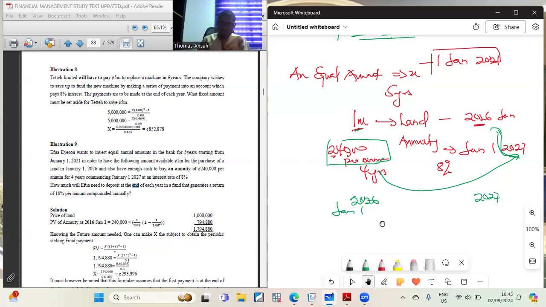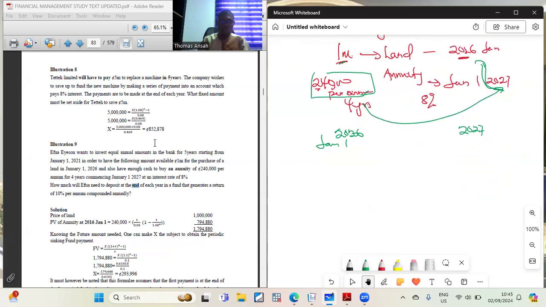So we will do a present value of this 240,000. It is an equal payment per annum for 4 years. When we are PVing it back, you can either do 240, 240, 240.